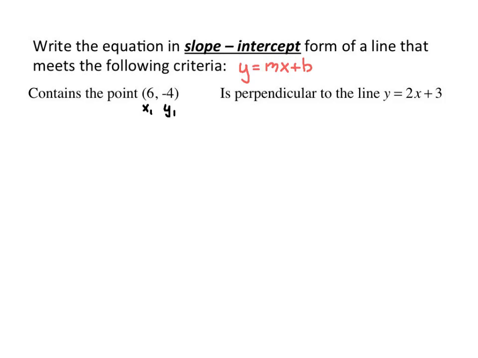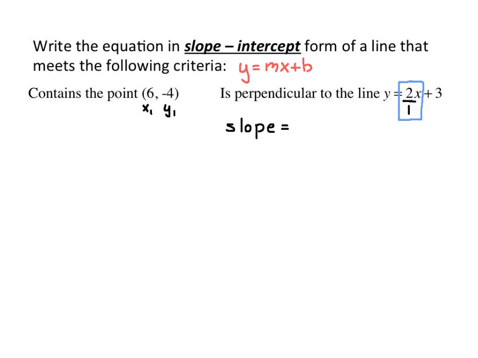Now, normally slope is in terms of rise over run, but keep in mind, I could write this slope as 2 over 1. So we recognize that the slope of this equation is 2 over 1. If I want to be perpendicular to the slope, I have to do two things. First, if I take the original slope of 2 over 1, we take the reciprocal.